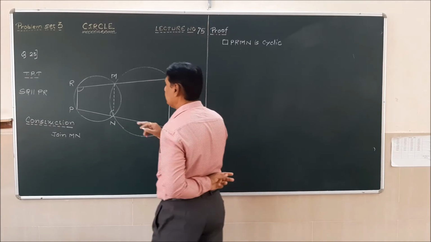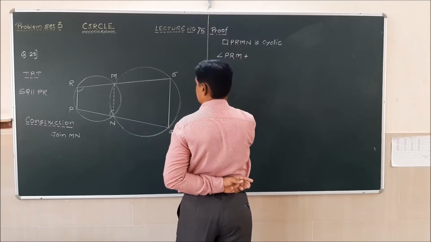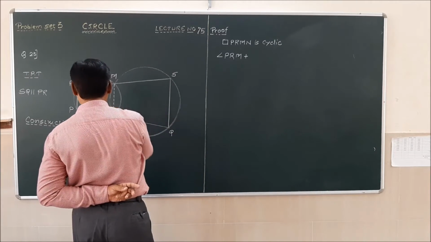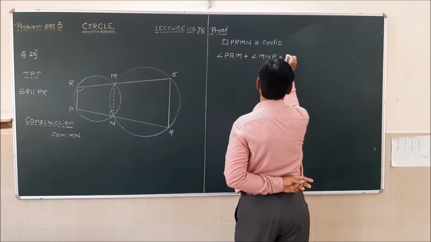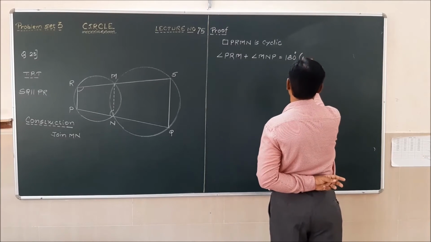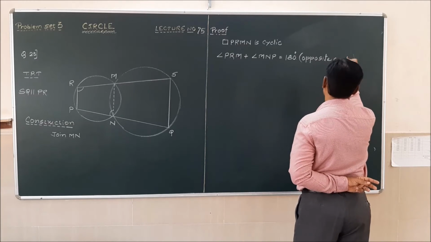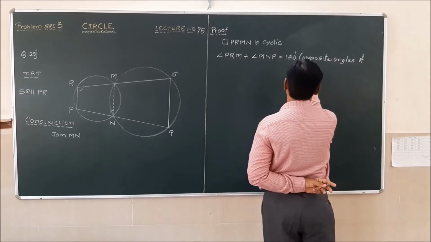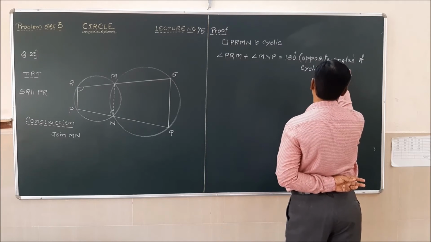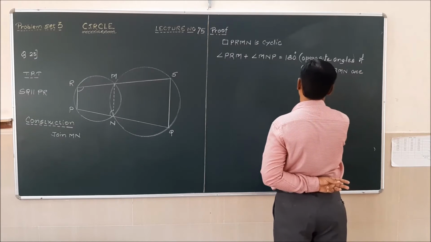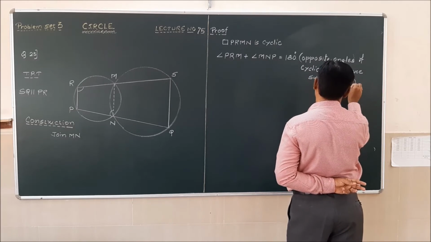So you will be getting angle PRM plus angle MNP is equal to 180 degrees, because opposite angles of cyclic quadrilateral PRMN are supplementary. Label it as 1.